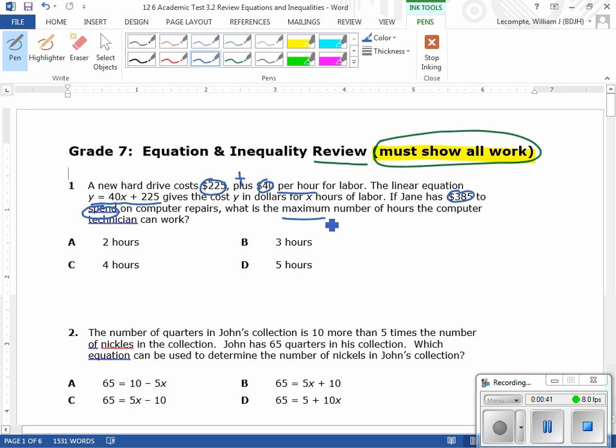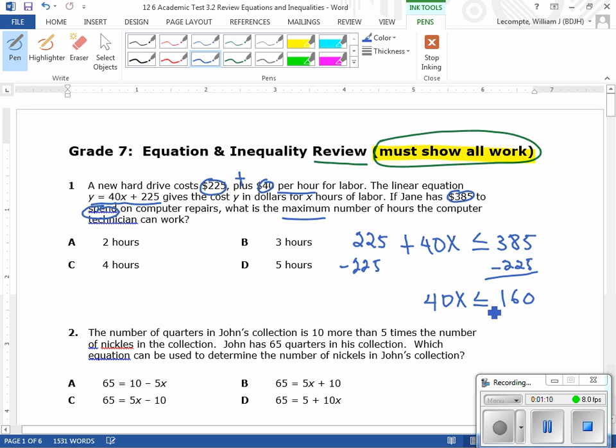technician can work? So maximum meaning that it can't go over this, right? So I have $225 plus 40 per hour is less than or equal to 385. First thing I do is subtract the 225 that is not connected to the variable, and I get 160 here and 40x here.